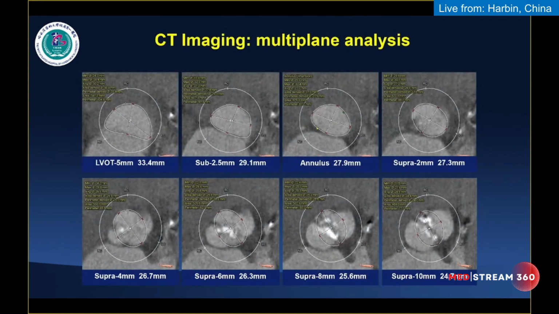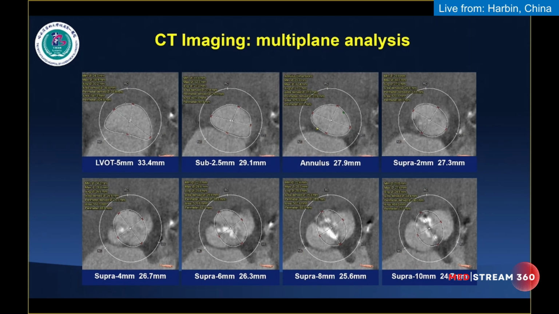Next is the multiple plane analysis of the CT imaging. We can see the supravalvular multiple plane analysis, and the calcification is mainly on the lateral side of the anchored leaflet and focused on the edge of the leaflet. The supravalvular restriction zone was from 4 to 10 millimeter supravalvular.